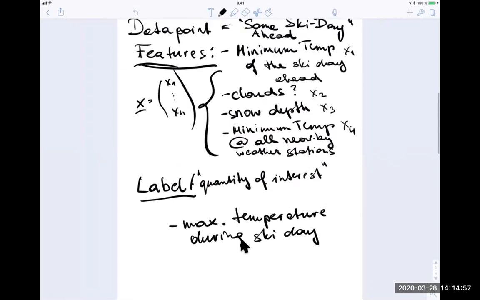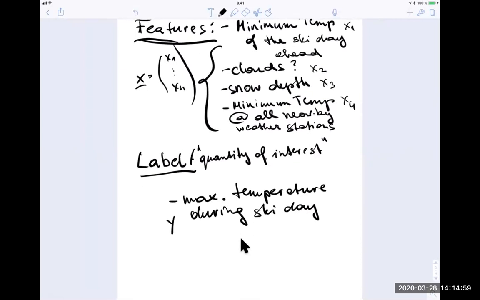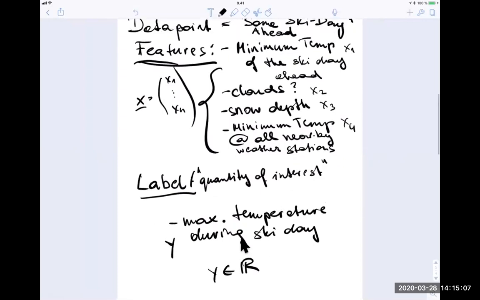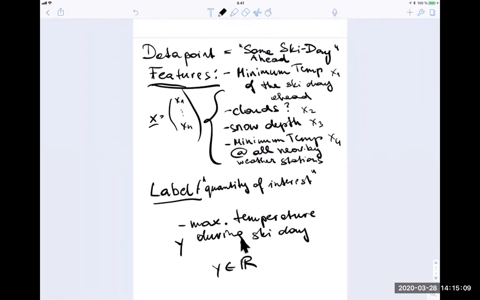So this is y. This is our label y. Let's say we model it as a number, so y is real valued. What I would like to have, and maybe some of you know if such an app exists, is a high precision prediction of the maximum temperature based on the features. This is what we're interested in.